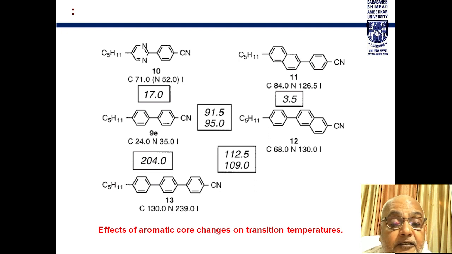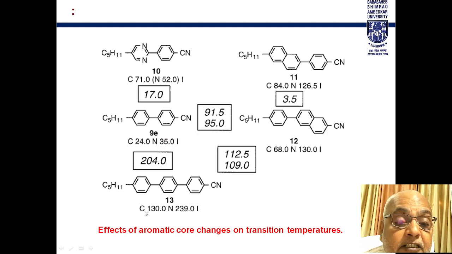Effect of aromatic core change on transition temperature. Just see this structure: there is a change in transition temperature of 17 degrees. Here we have 3.5 degrees. This core shows a very high change.